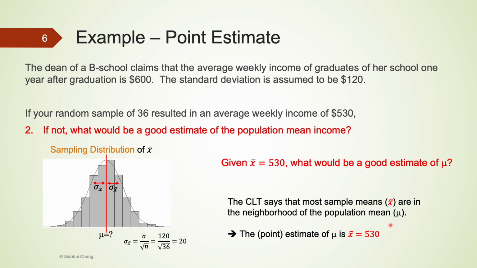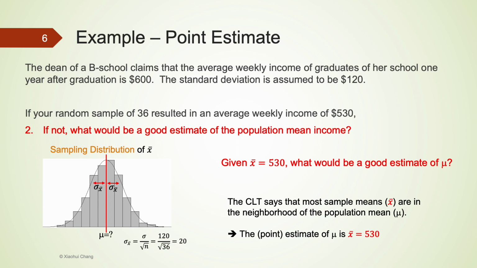So we can estimate the population average using the sample average, which would be $530. $530 is one single valued estimate for the population parameter. It's also known as the point estimate.